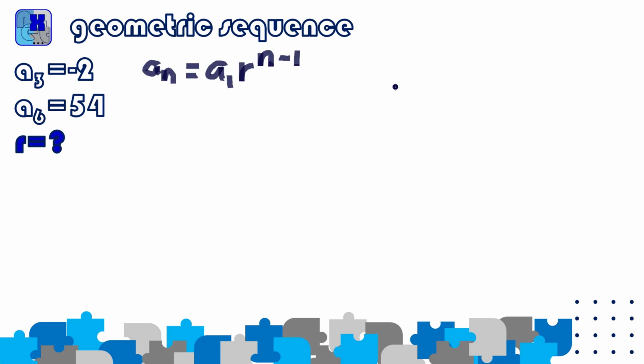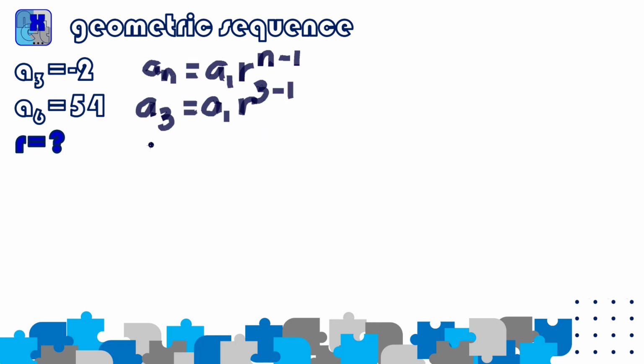We can use this formula in solving for r. However, we don't know the value of a sub 1 as well. So let's try to structure this formula to describe the third element and the sixth element respectively. For our third element, a sub 3, this should be the result when we multiply the first term times r to the power of 3 minus 1.